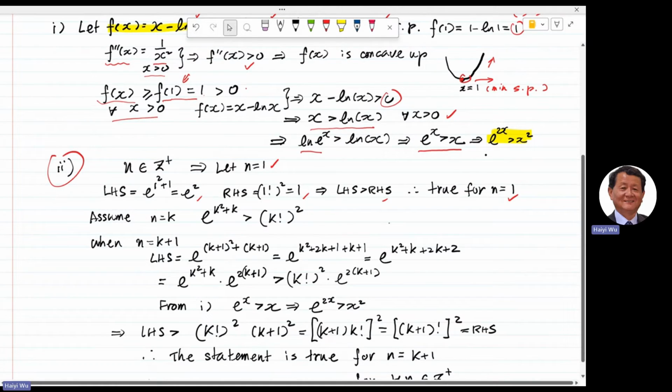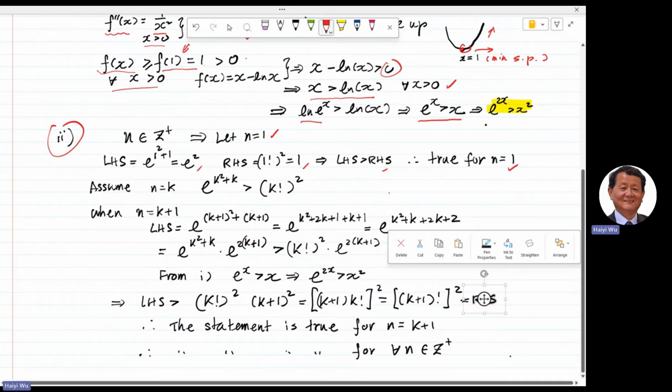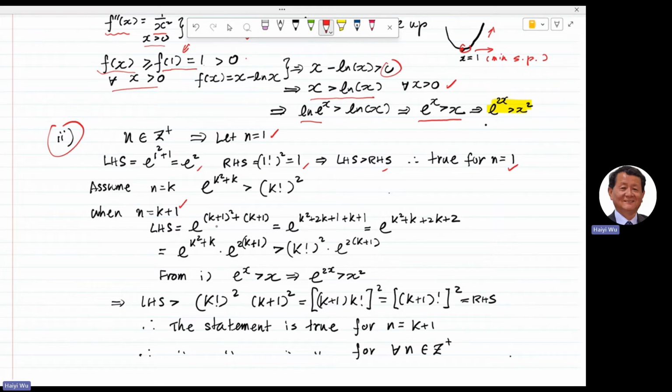We assume that when n equals k the statement is true, so replacing n with k, it is greater than k factorial to the power of 2. Now let n equal k plus 1. The left-hand side is e to the power of (k plus 1) squared plus (k plus 1), expanding the bracket. So we got that plus this.